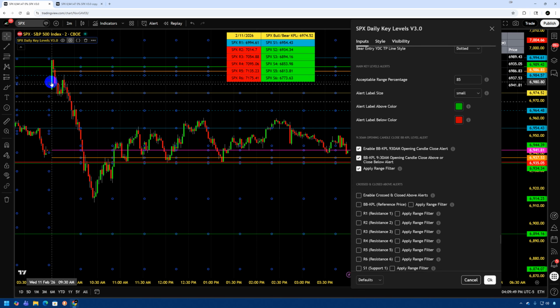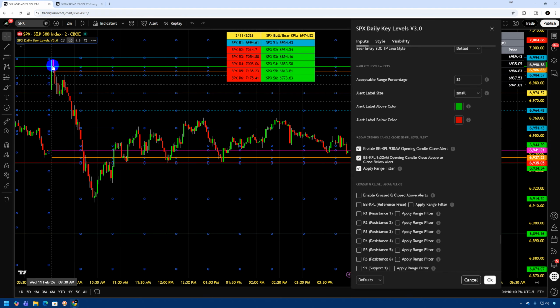Candles to avoid based on the acceptable range. So this is a perfect example. If you were looking to get into this trade, you would know that this closed higher than 85%, so this should be avoided as a trade to take off the BBKPL level.